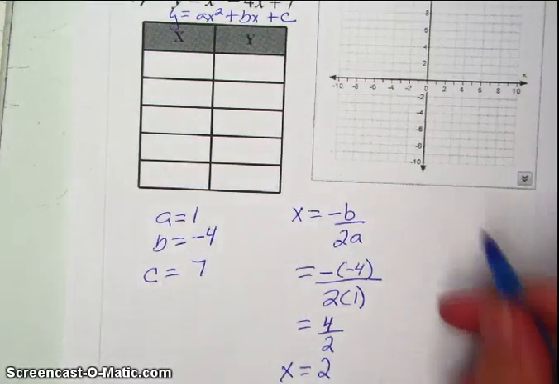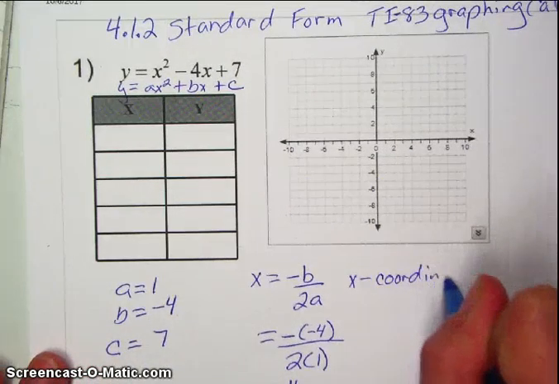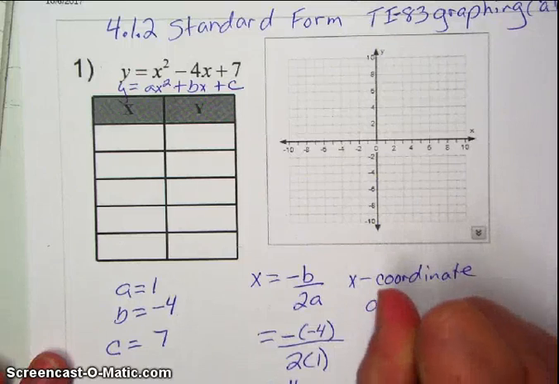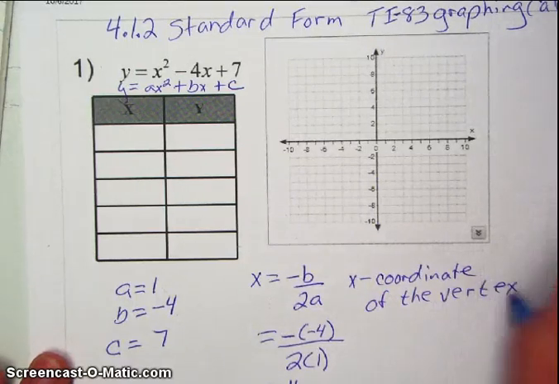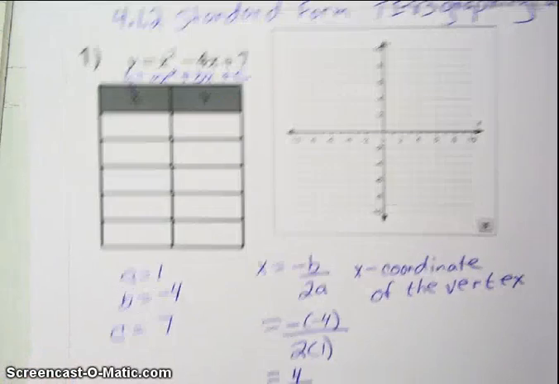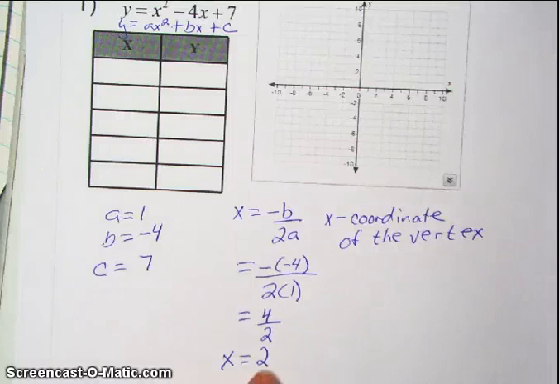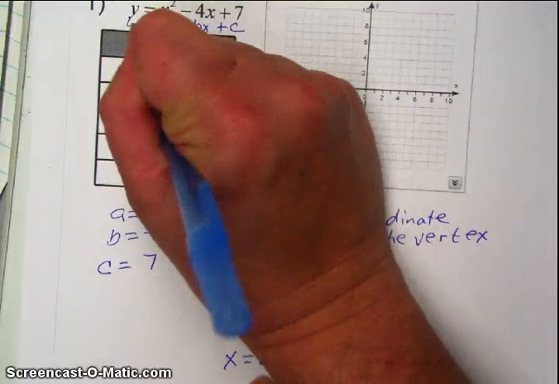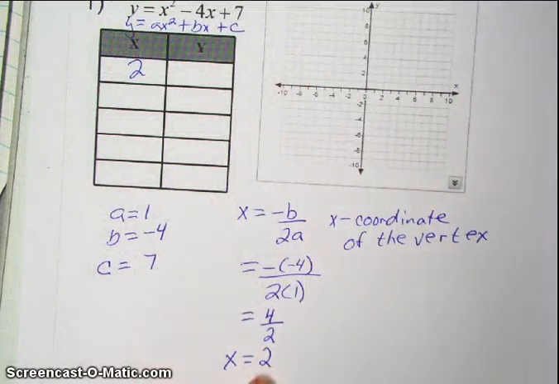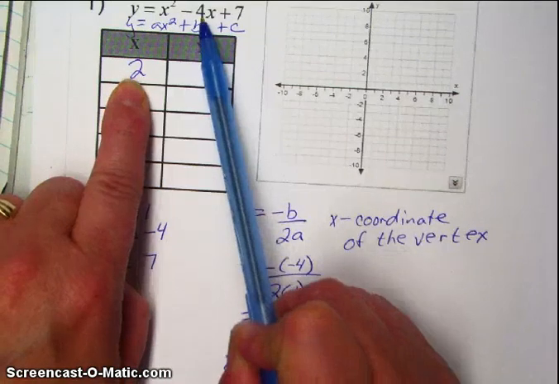So what is this? This is the x-coordinate of the vertex, which again was 2. That's the most important point on your parabola. I'm going to put a 2 here in my x column. Now to find any y coordinate, I'm going to take the x and plug it into the equation.